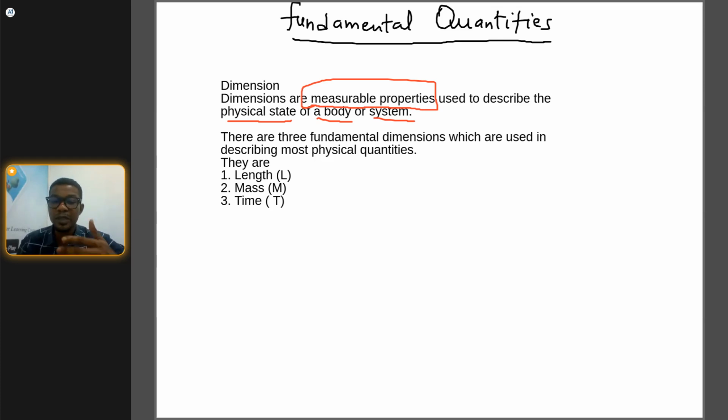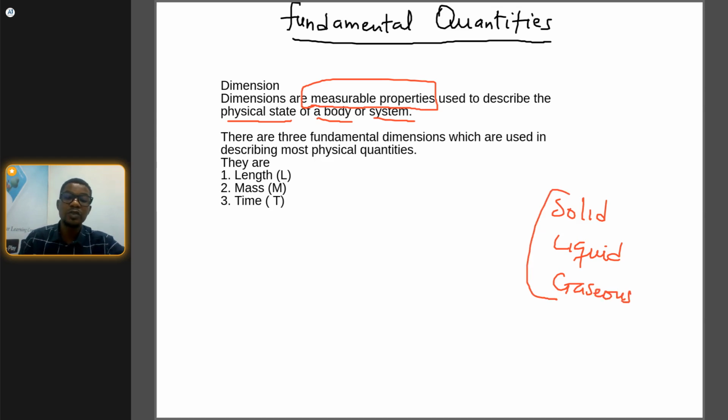And we all know that we have the states of matter, which are the solid, the liquid, and the gaseous. The measurable properties used in describing these states of matter are said to be dimensions.